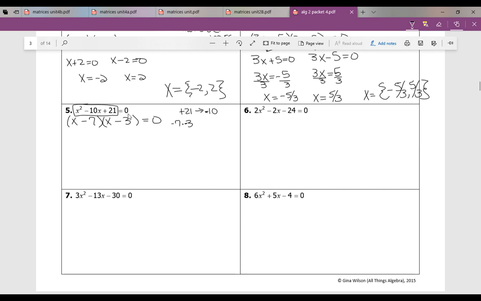The only difference is it's now an equation that I have to solve. So I'm going to take each factor, go the extra step, and I only do this when it's set equal to 0. So x equals 7 and x equals 3 when you solve both of those equations. So your solution set, 7 and 3.